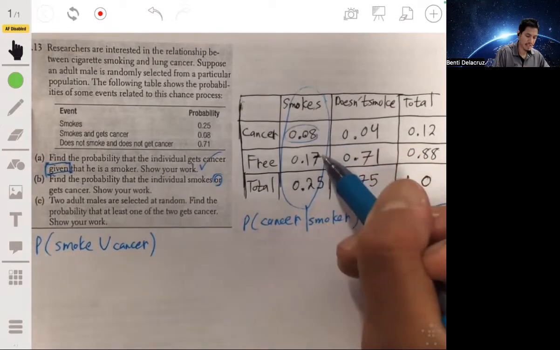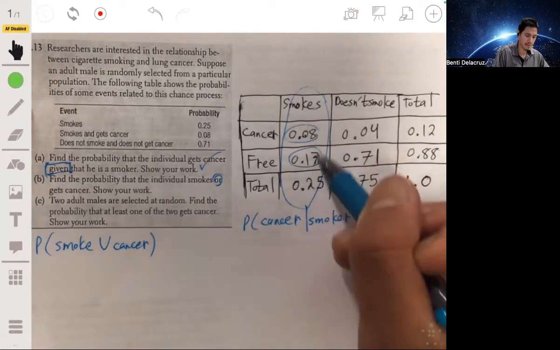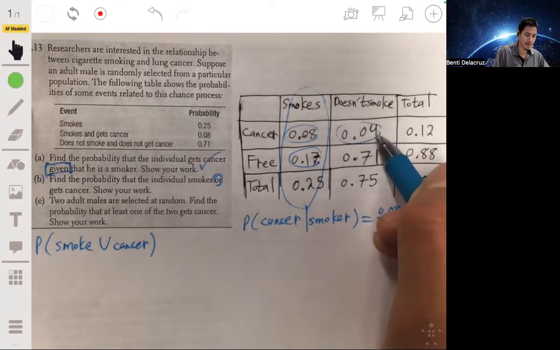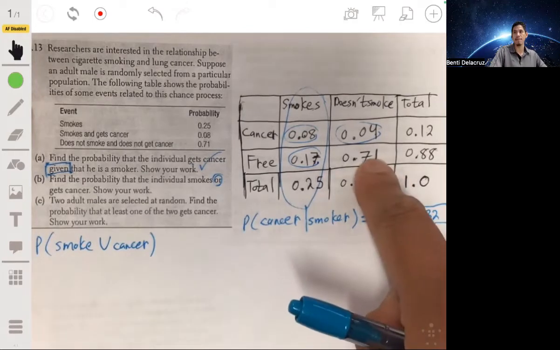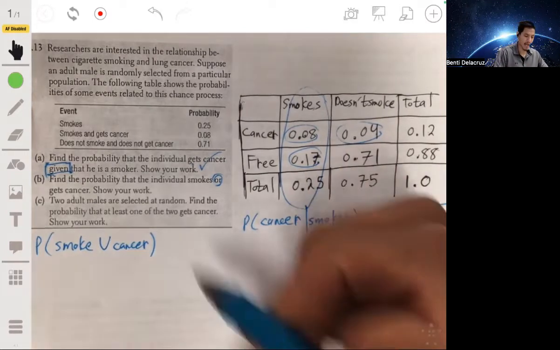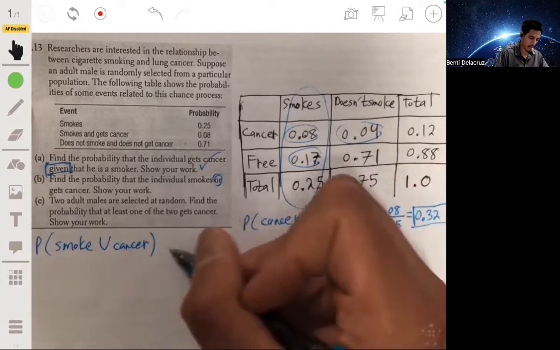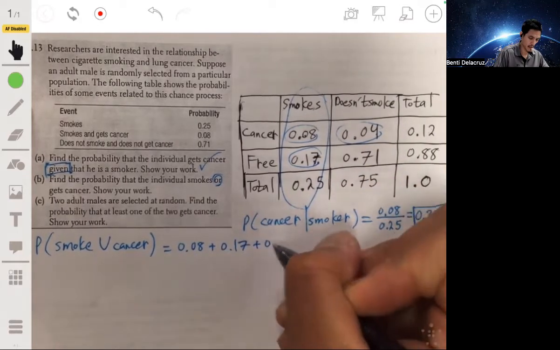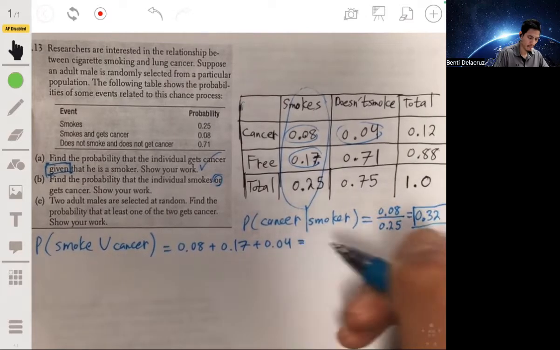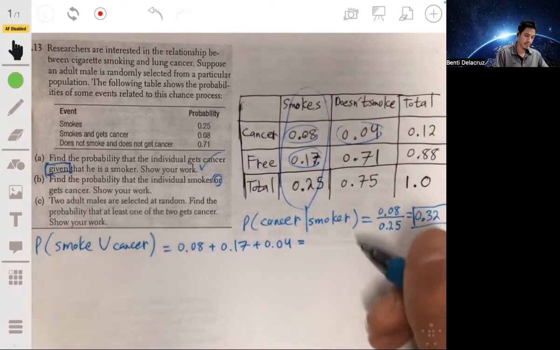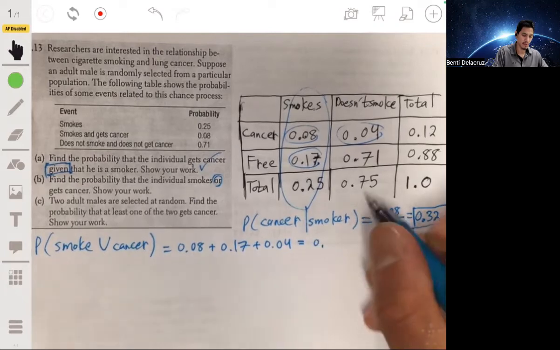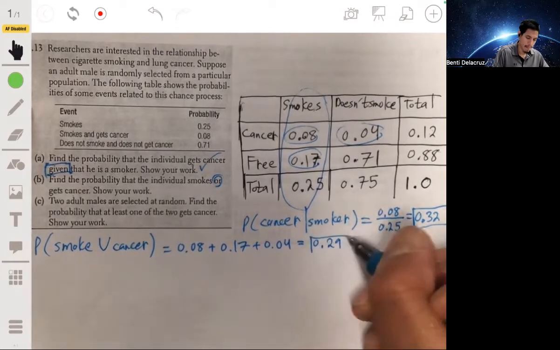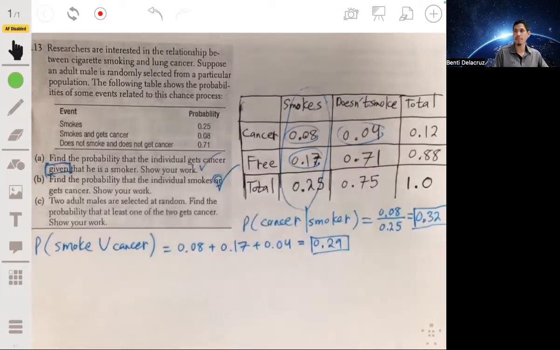It could be this, it could be this, that smokes, and the cancer also is in here. The only one that doesn't count is this one. So we just simply add those three values up. 0.08 plus 0.17 plus 0.04, and that'll simply be 0.29. And so that's the answer for B.